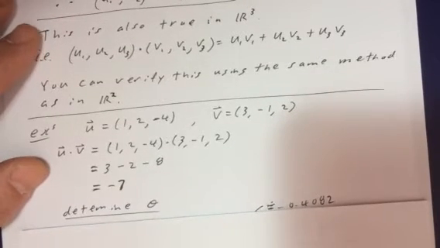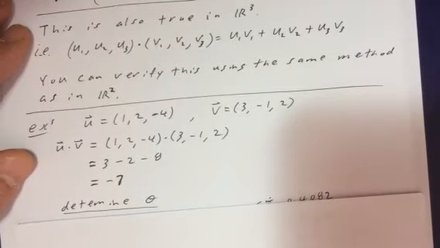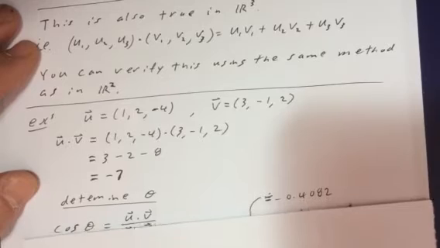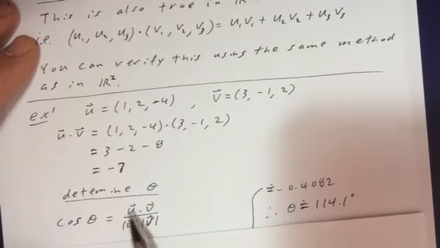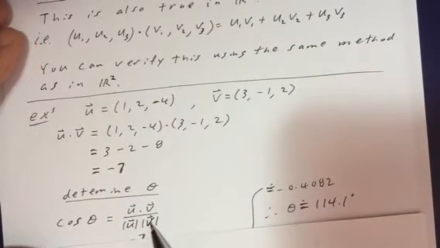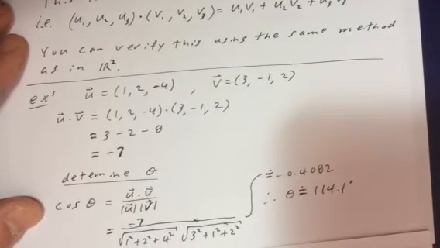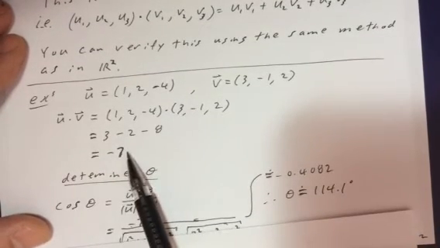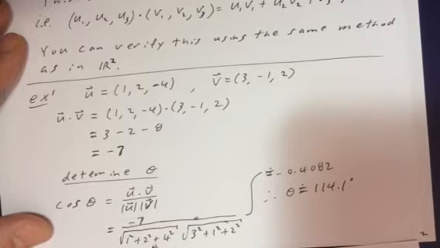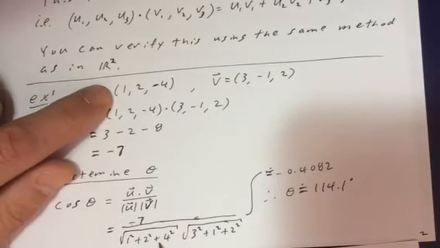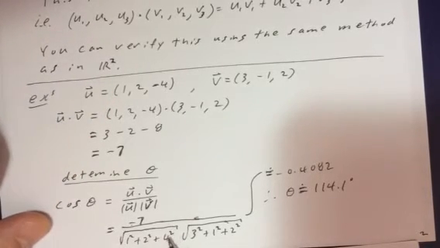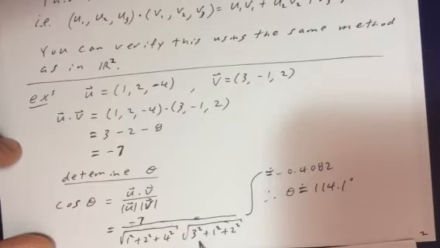Okay. What if I asked you to determine the angle between those vectors? Well, let's look at our formula for that. The dot product is the magnitude of u times the magnitude of v times cos theta. We rearrange it to get cos theta, and we can sub these in. Negative 7 was the dot product, and here's how we find the magnitudes of the vectors: the square root, the 3-dimensional Pythagorean theorem.